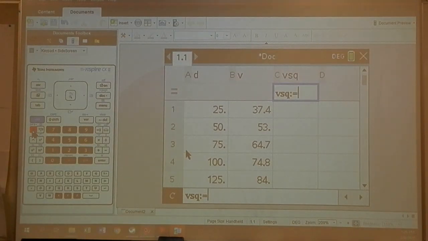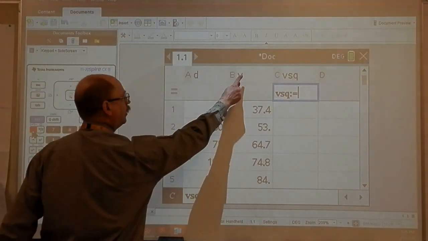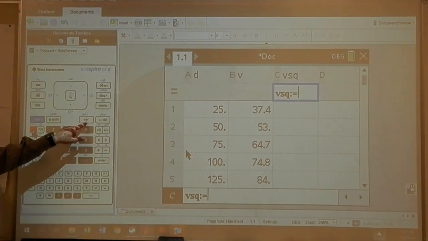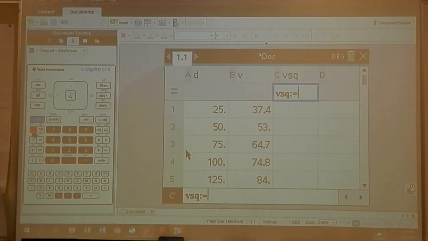Now, what I really want it to do is take all of these velocity values and square them. I could just type in the v, but especially if I've got a bunch of things I'm keeping track of, I could put in the wrong thing. So I'm going to use the var button right above the number 9. var for variables. It brings up a list.